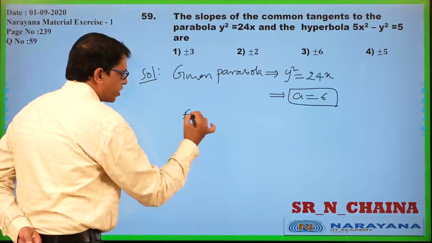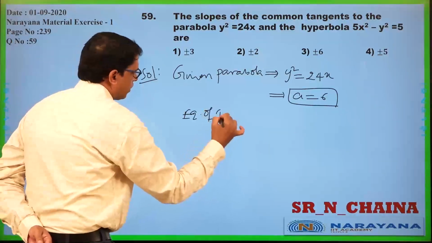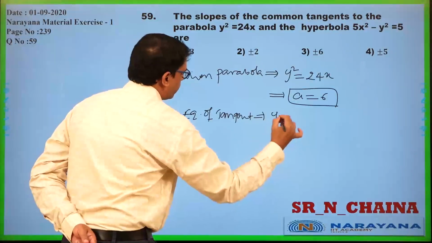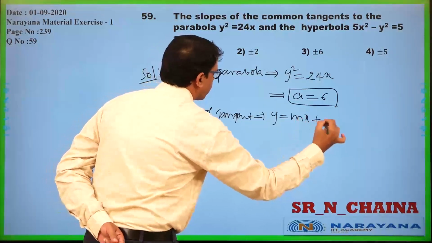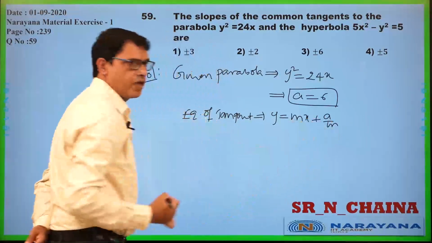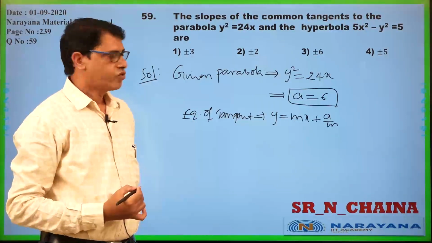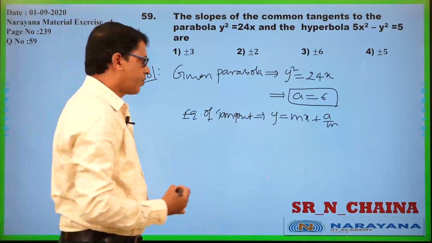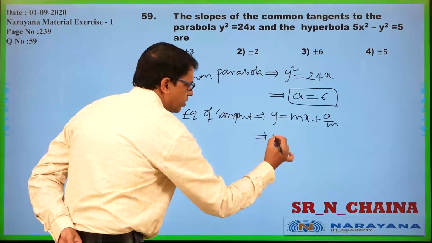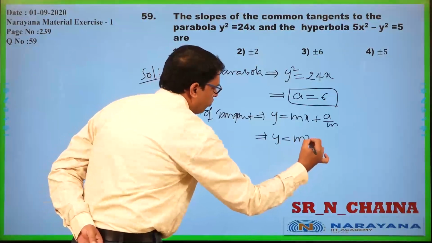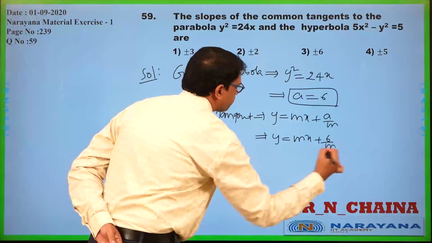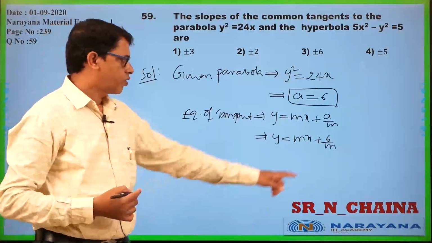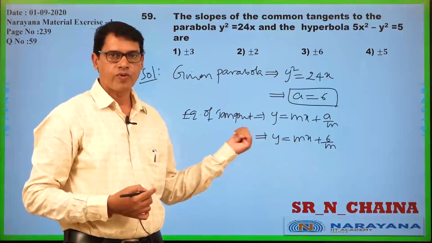Therefore, the equation of the tangent implies y is equal to mx plus a by m. Okay? So what is the value of a? The value of a is 6. Apply here. That implies the equation of the tangent becomes y equals mx plus 6 by m. Now simplify this. Take m as the LCM and cross multiply.